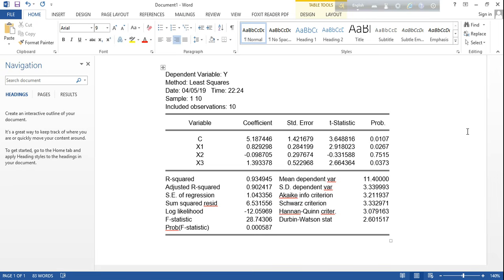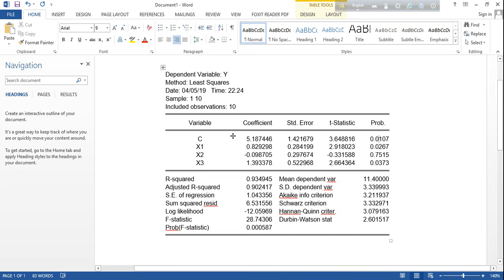I think it's clear now. And if the probability value is greater than 0.05, then that certain independent variable is not so significant, or insignificant, for determining the dependent one.